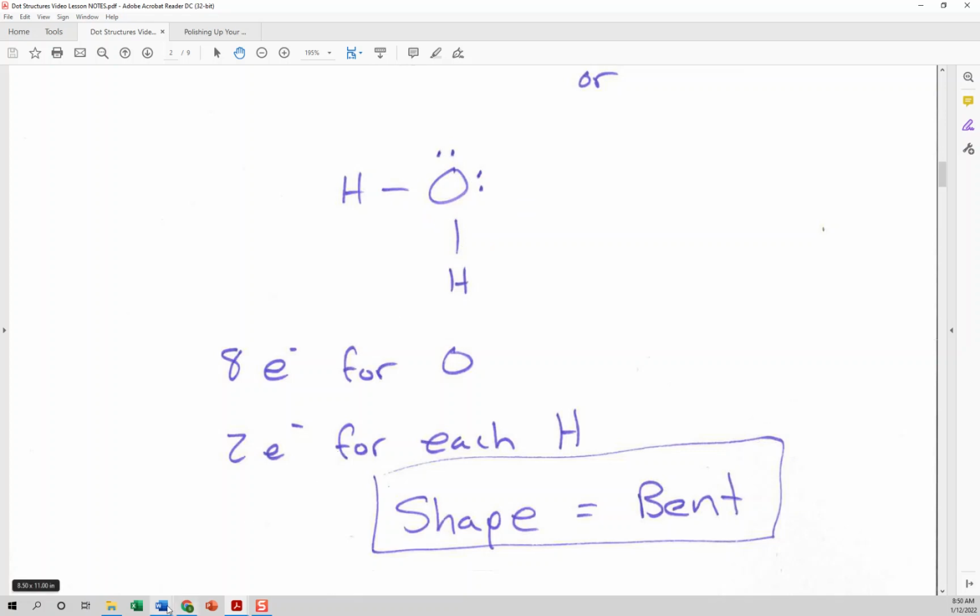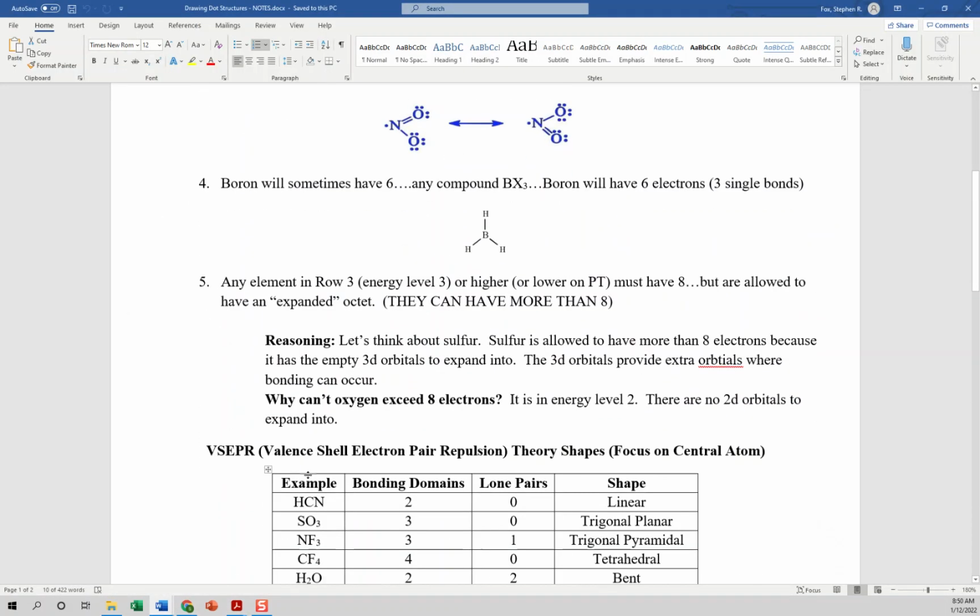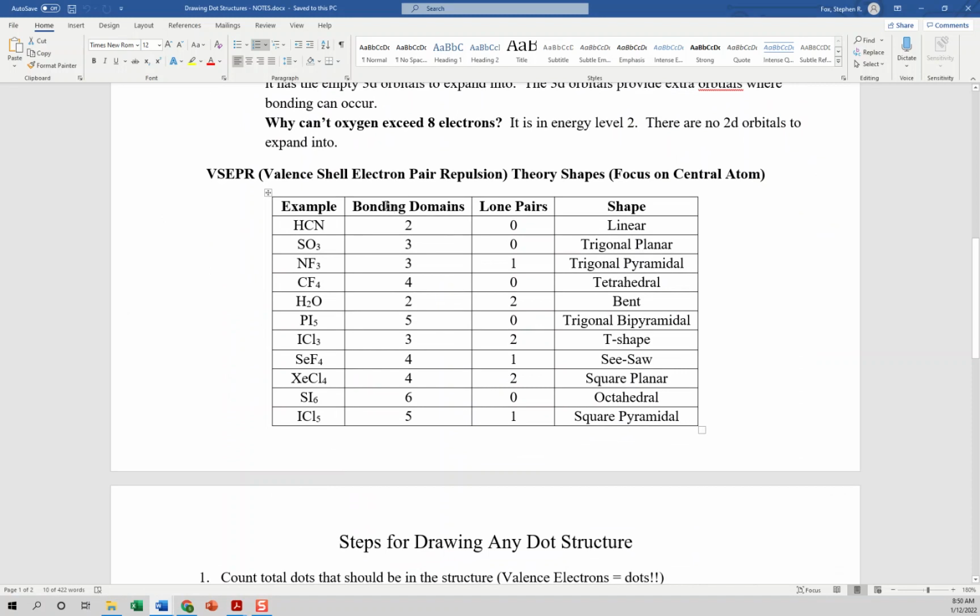So let's go to that chart that I referenced in the beginning. We have 2 bonding domains and 2 lone pairs. Whenever you have 2 bonding pairs and 2 lone pairs around your central atom, the shape is going to be bent.